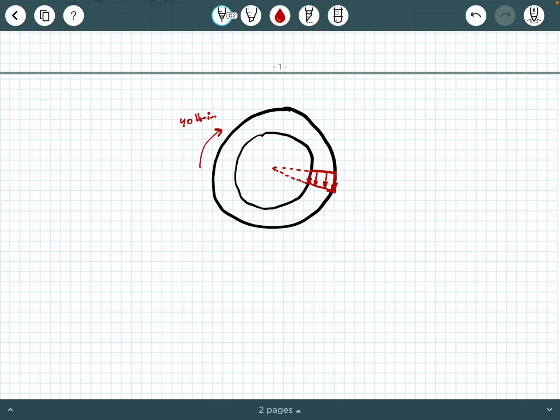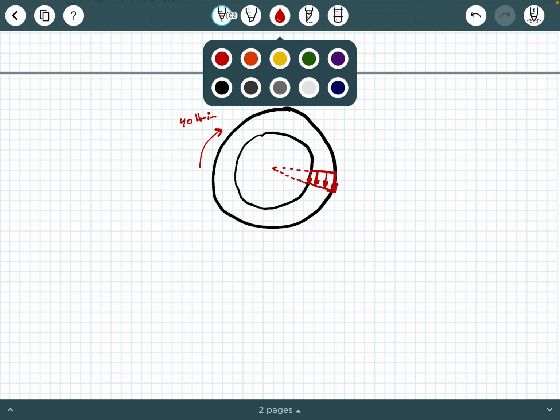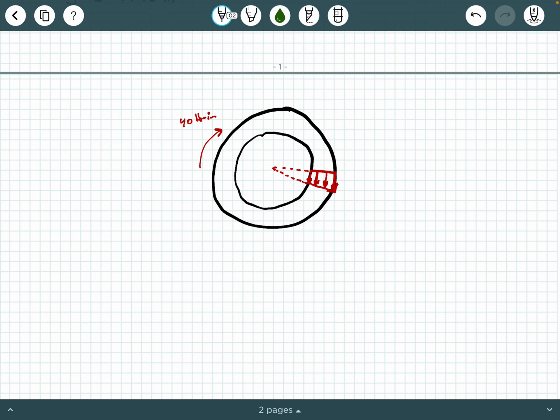So what we're looking for is the stress distribution in the solid part, in the thickness of the shaft, okay? Now, it's not going to start at 0 at the edge of the shaft. It's going to start at 0 at the middle of the shaft, okay? So what we need is two values. We're going to need a tau interior, tau sub I, and a tau exterior, tau outer, tau O, okay?